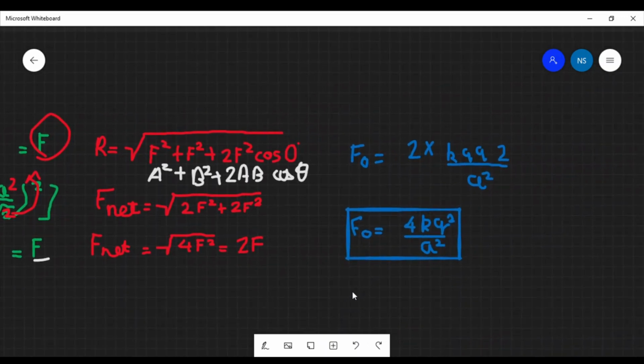So the net force on O is equal to 2 times 2kqq by A square. So 2 and 2 we can multiply and we get 4. These 2 q's also give q square. So the total force on O is equal to 4kq square by A square.